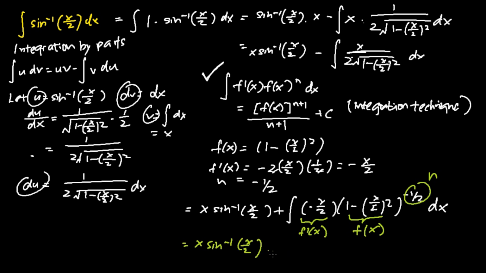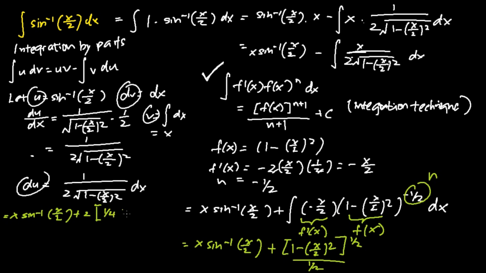I derive the following. My f(x) is 1 minus x over 2 squared, the whole thing to the power of n plus 1, which is half, divided by half. So this is equal to x sine inverse x over 2, and I bring the half out into the numerator, I get 2 times. Within the square bracket, I factorize 1/4.